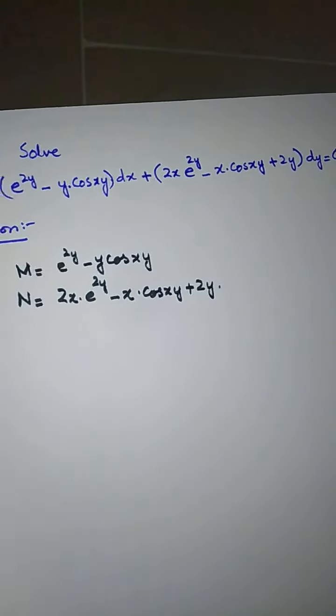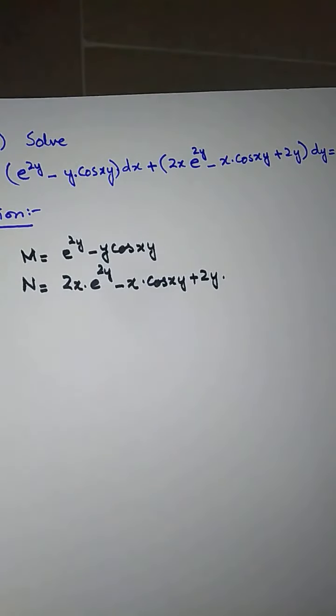So we have to check whether this satisfies the exactness criteria or not. Partial M by partial y should be equal to partial N by partial x.